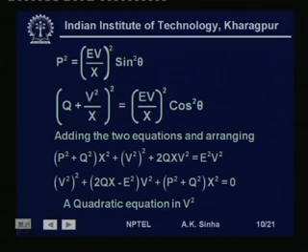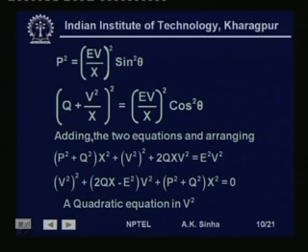Similarly, (Q plus V square by x) square is equal to (EV by x) square into cos square theta. If we add these two equations, then on this side we will get (EV by x) square into sin square theta plus cos square theta, which is equal to 1. So, we will get P square plus (Q plus V square by x) whole square is equal to (EV by x) whole square.